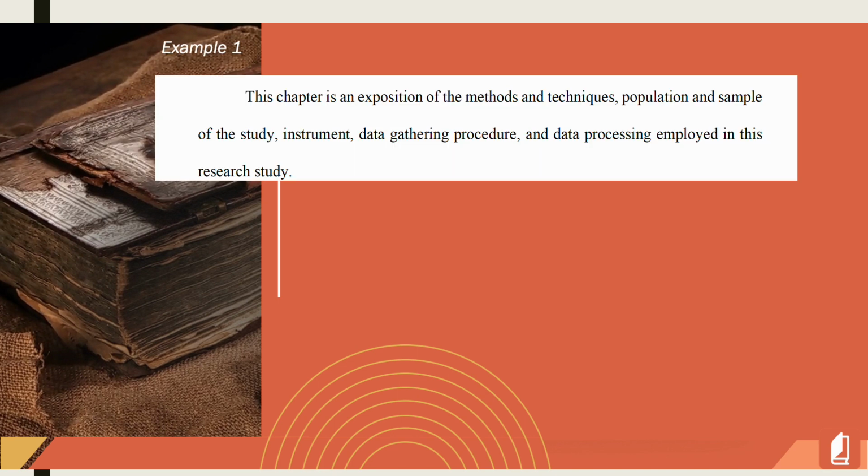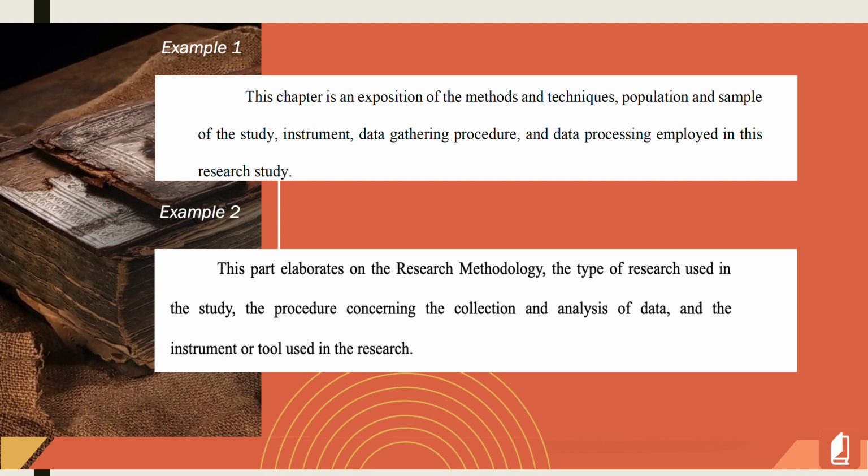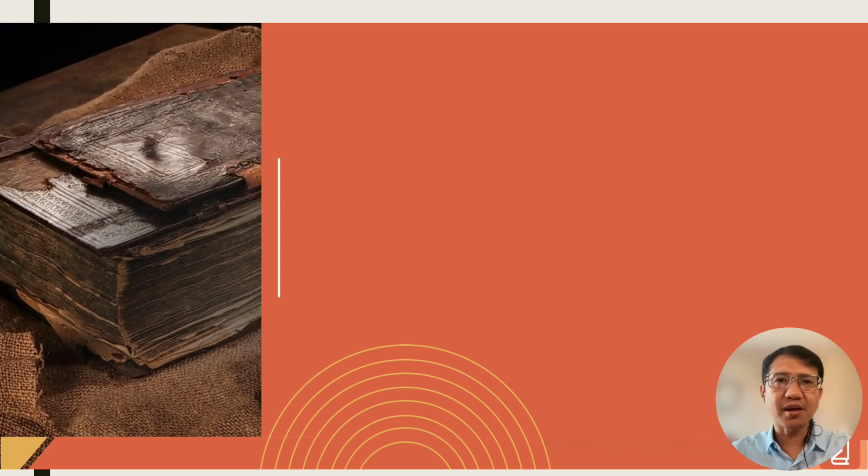Here are examples of an introductory sentence or short paragraph in Chapter 2. Try to look at the example on your screen. Although some writers go directly to the discussion of the method, it is not a problem if your institution does not require an introductory sentence or paragraph.